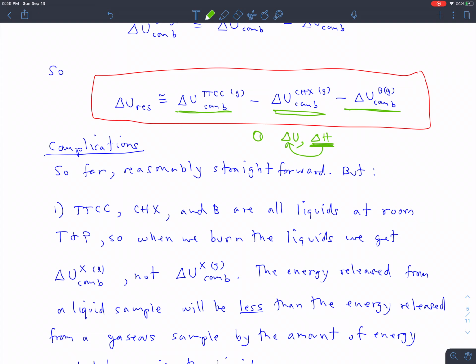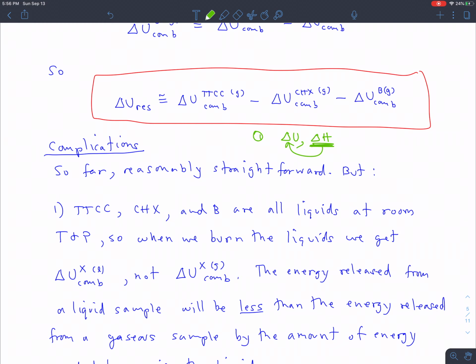The other complication is a little bit subtle, but notice that all these are gas molecules. We're looking for the difference in energy between gaseous TTCC, gaseous cyclohexane, and gaseous benzene, but at normal room temperature and pressure, all those guys are in fact liquids.